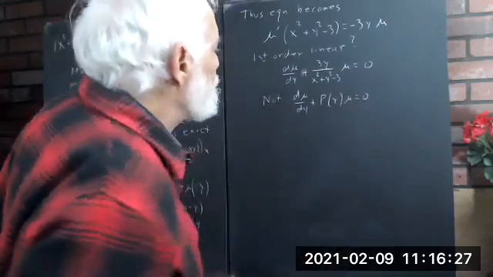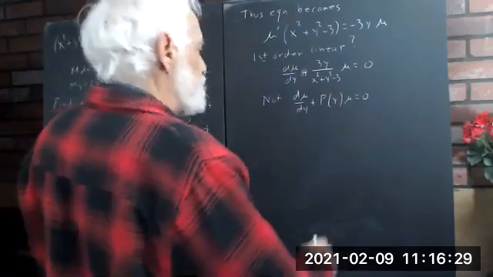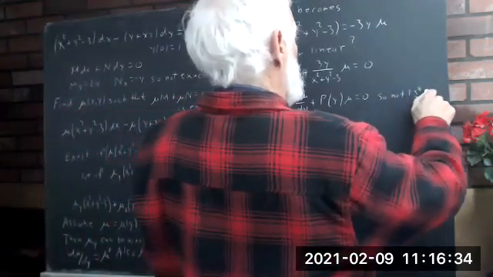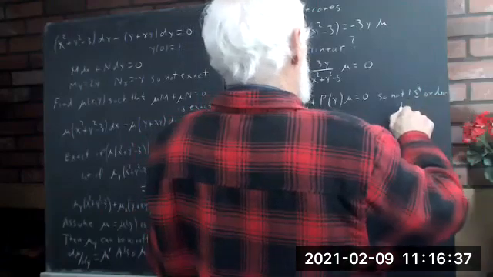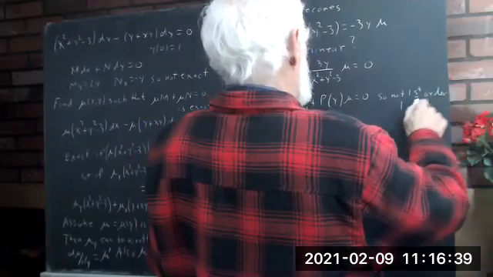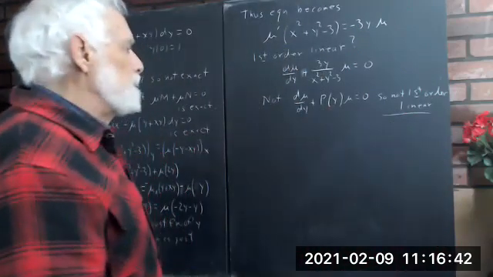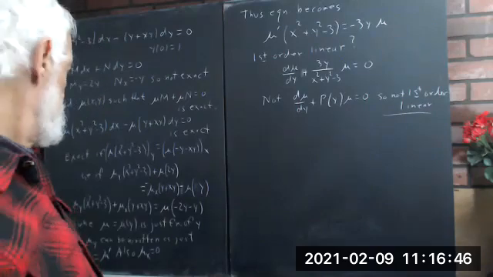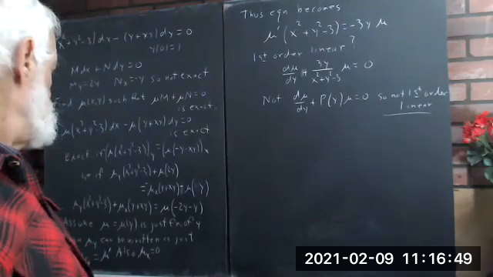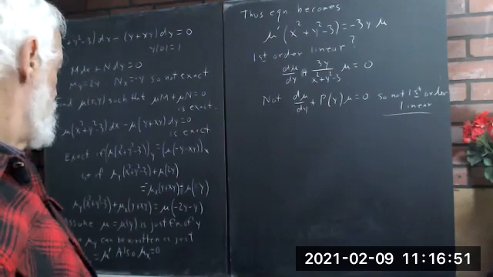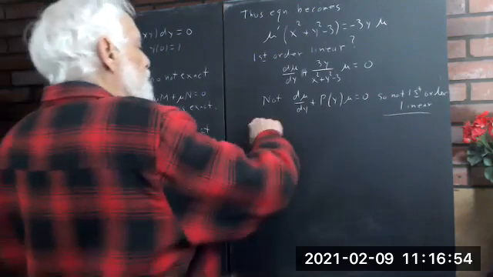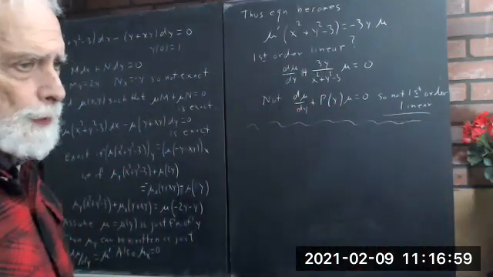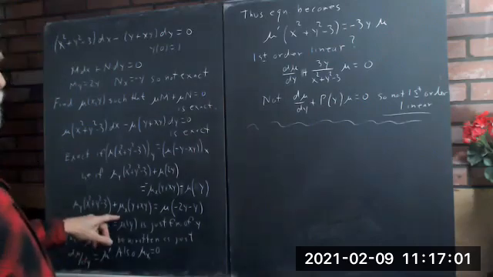It's not of this form. So it's not first order linear. So we could try assuming that mu is a function of x.